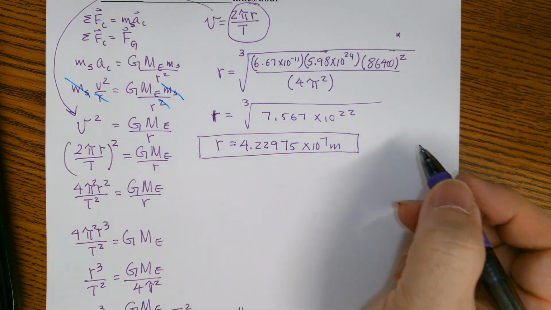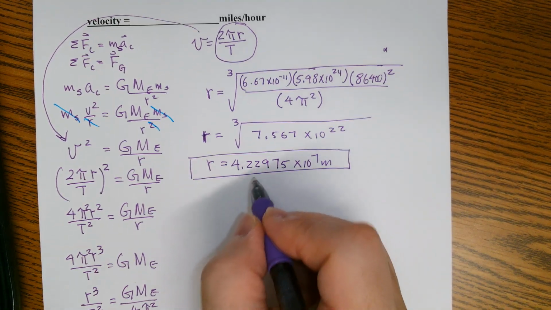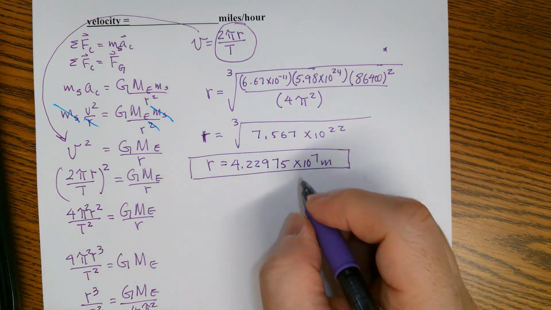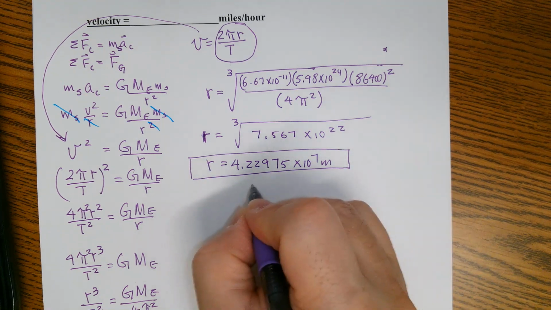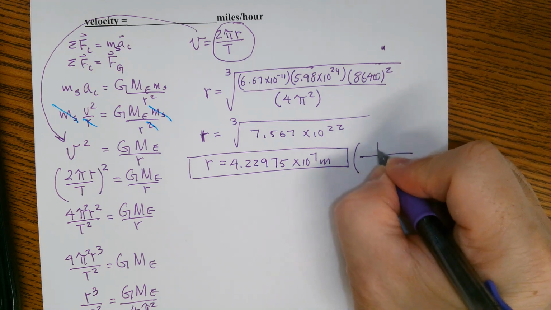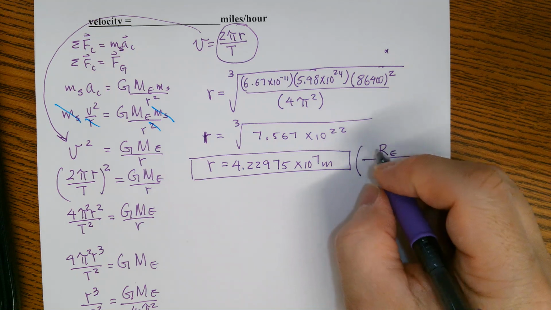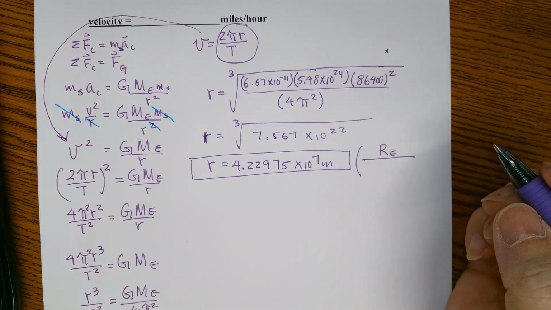So how much is that in terms of Earth radii? If you divide this by, 1 Earth radius is equal to, what do you want to use?